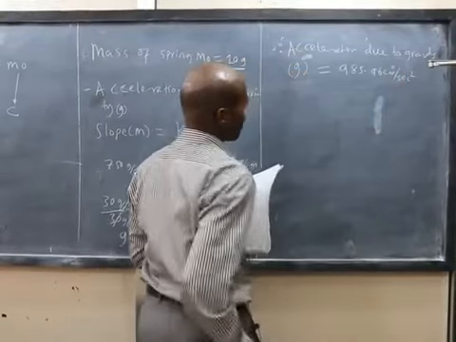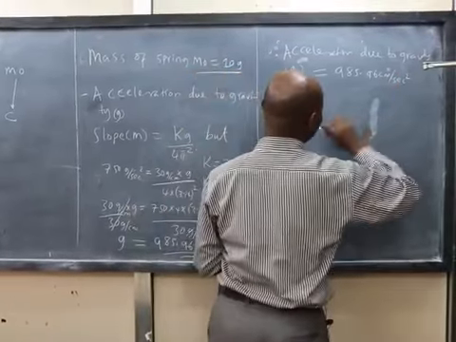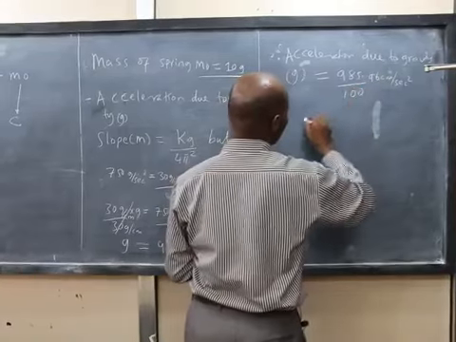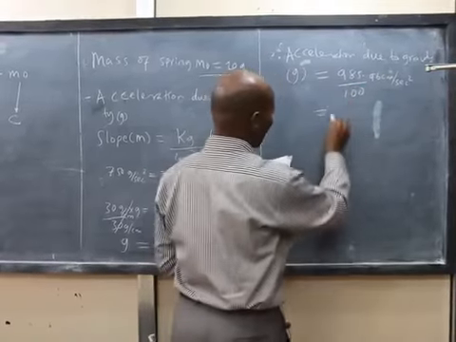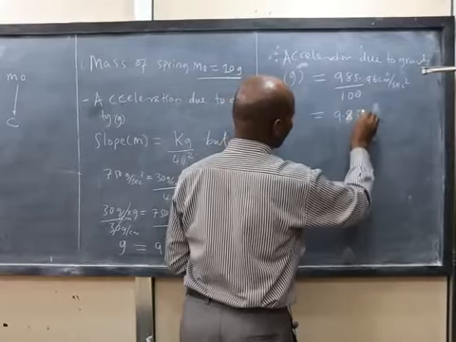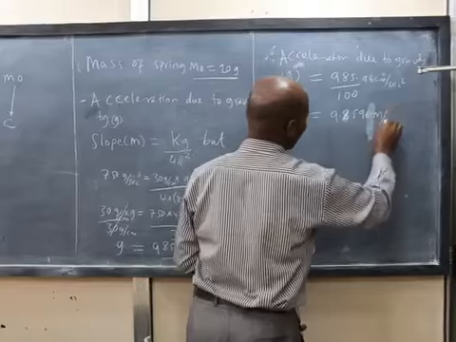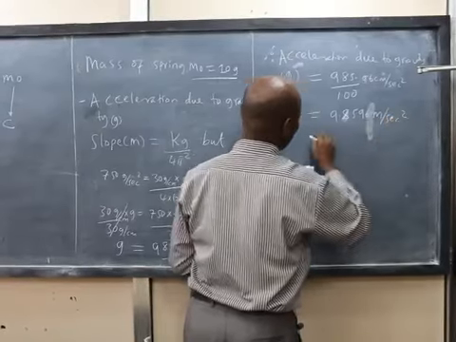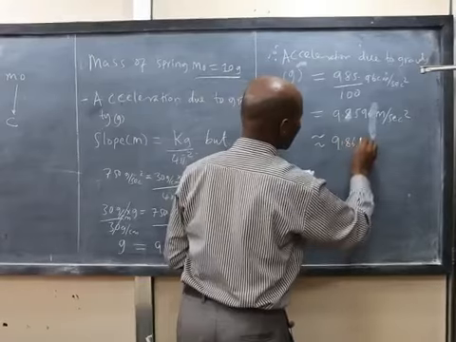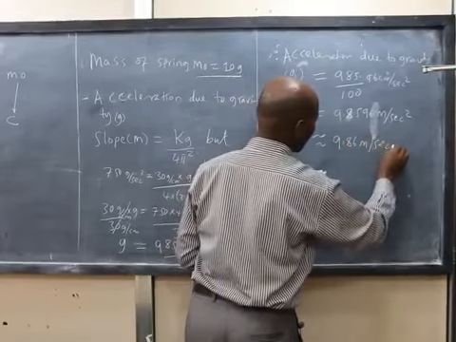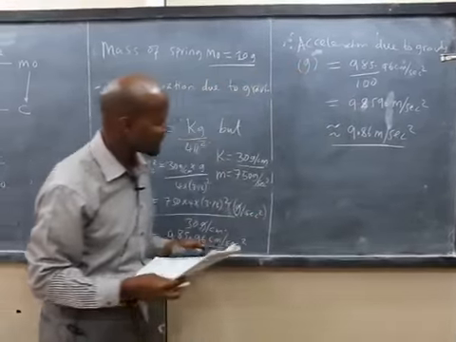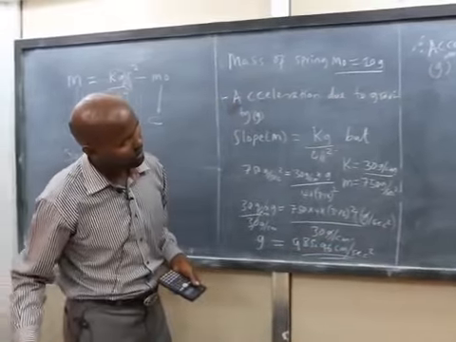You can convert this into meter by dividing by 100, taking care of the units. That is 9.8596 meter per second squared, approximately 9.86 meter per second squared. So we are done. That's the end of our experiment. Thank you.